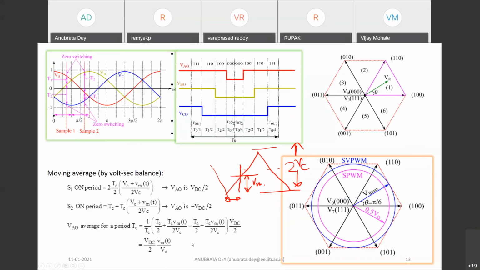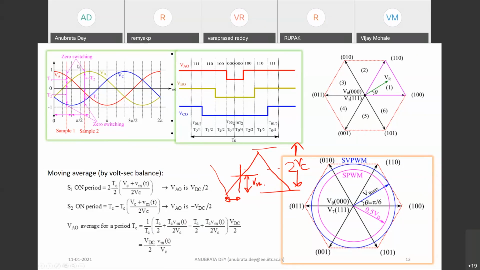Okay, so as long as this relationship or this volt second balancing is maintained, you can easily find out that now this part you have understood, the right hand side, this is for a particular sample. Now if you look at the complete waveform, you'll see they have different places.